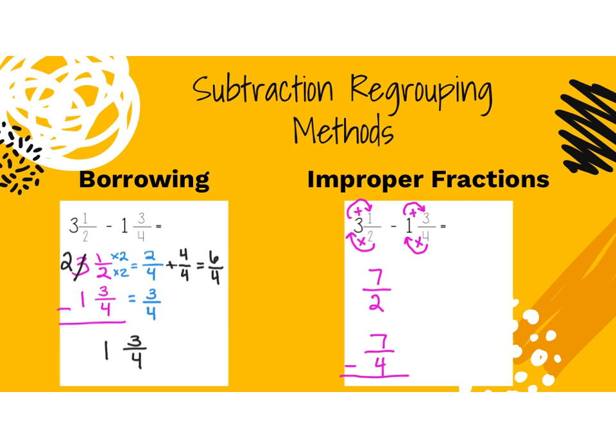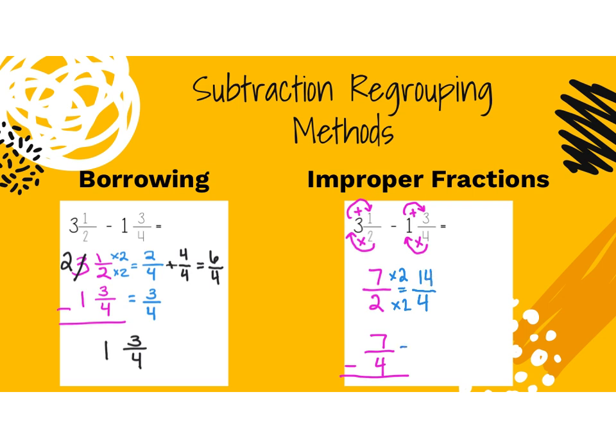Next, I need to find a common denominator for both fractions. I know that 2 and 4 both could have a common denominator of 4. So to get from 2 to 4, we multiply by 2. So I would also multiply my numerator by 2. 7 times 2 is 14.